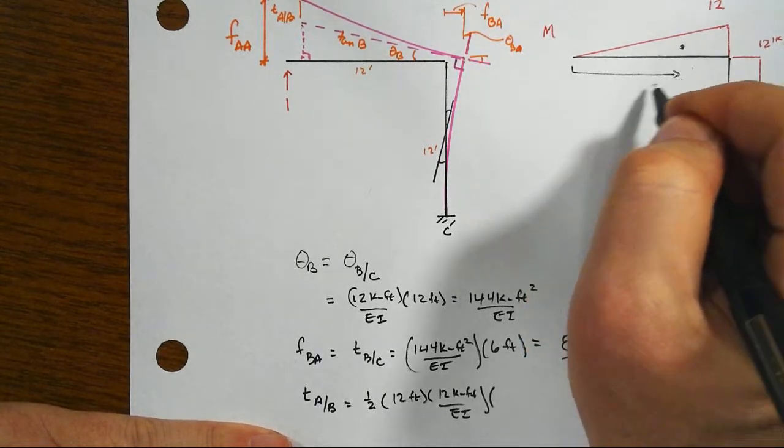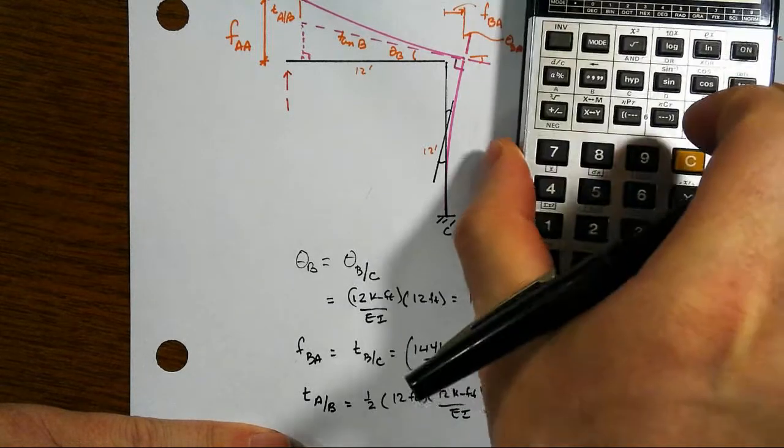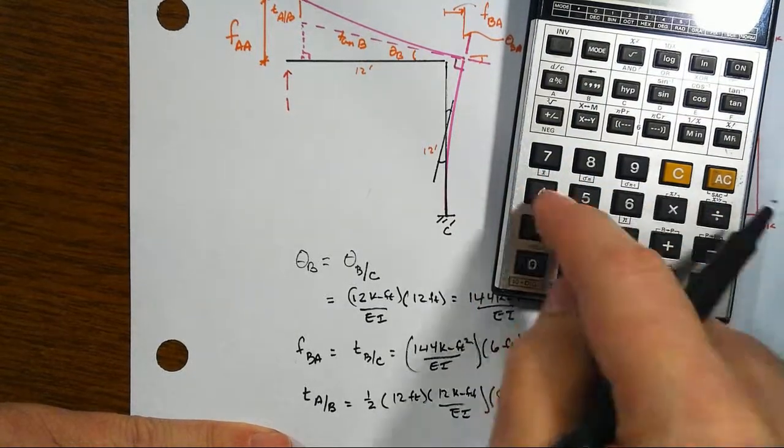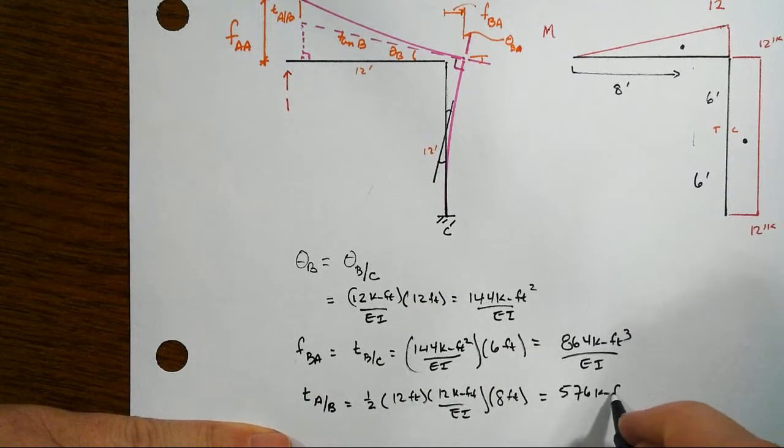That is going to be 2/3 of the 12, so 8 feet. And so 8 over 2, that's a 4. 4 times 144 is probably 700 something. Well, no, it's not. It's 576 kip-foot cubed over EI.